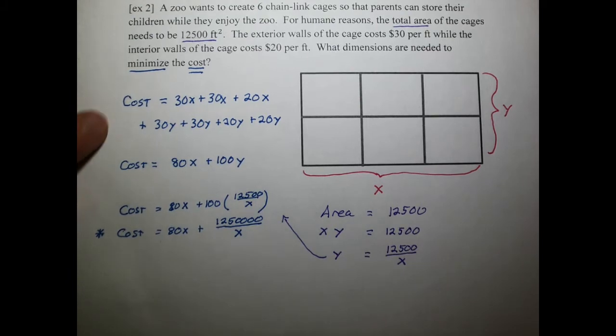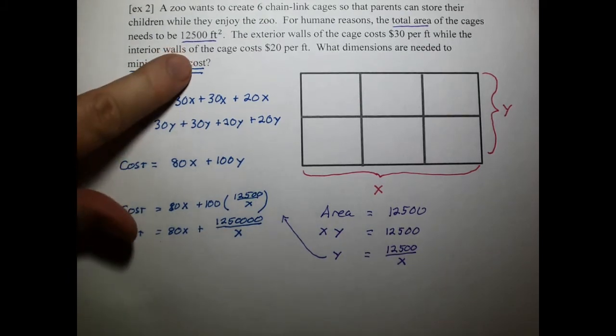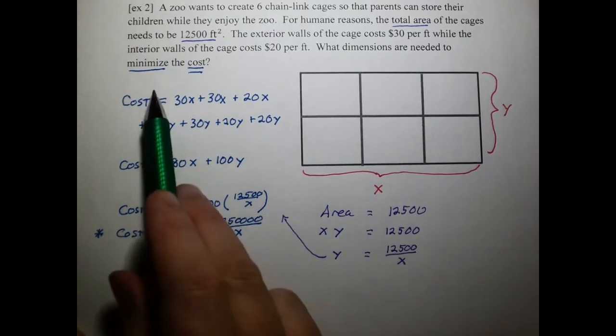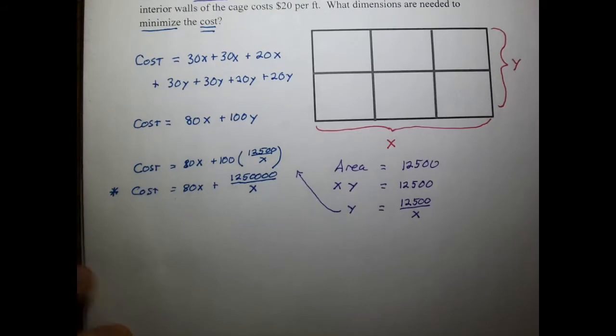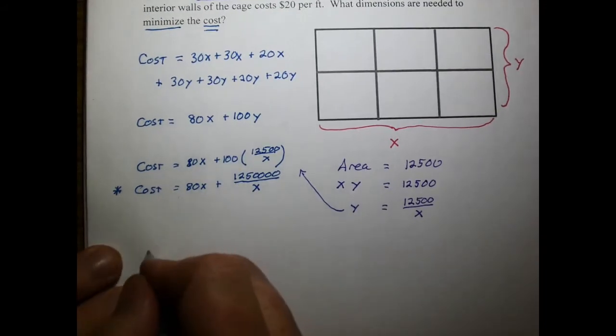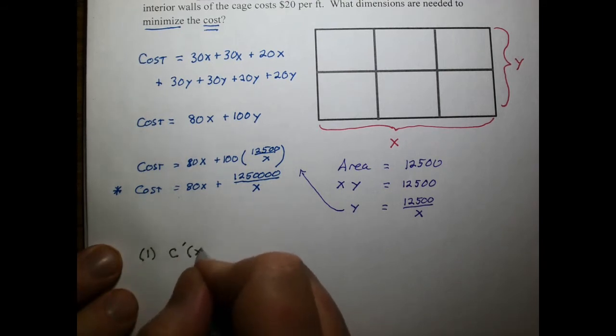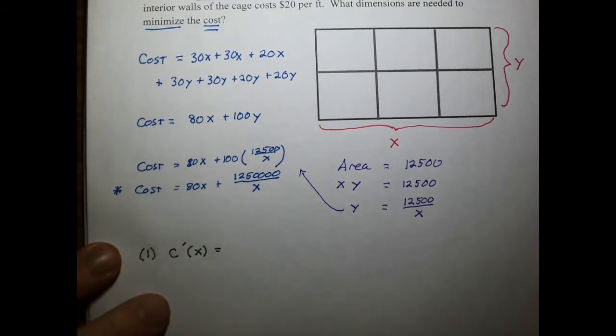All right, so this first part here, this is just some algebra work to get a cost formula. Our goal is still to minimize the cost. And if we want to do that, the first thing we're going to do is find the derivative.